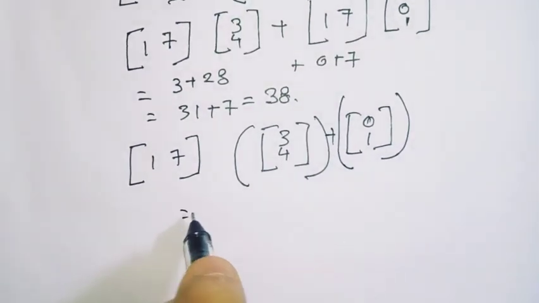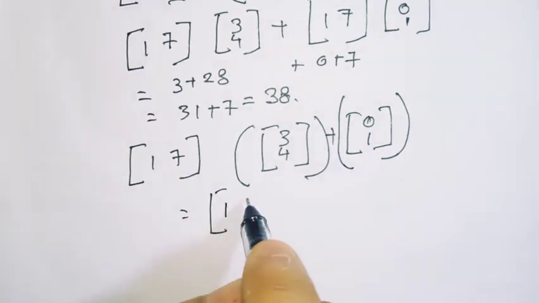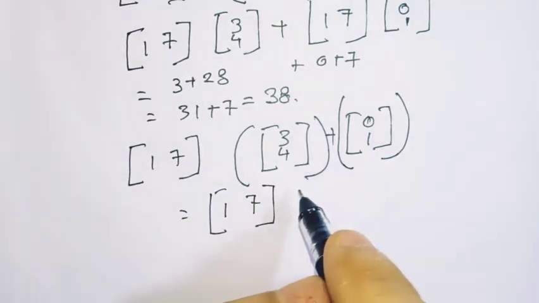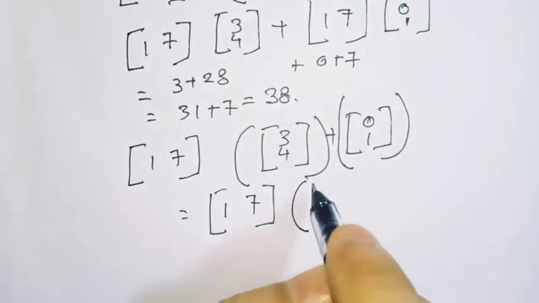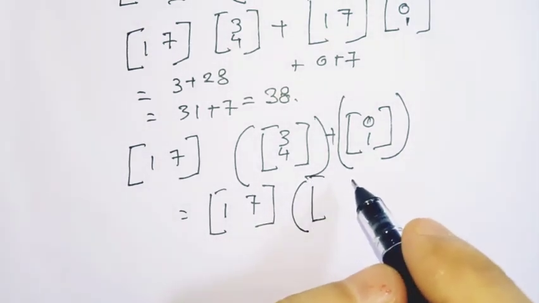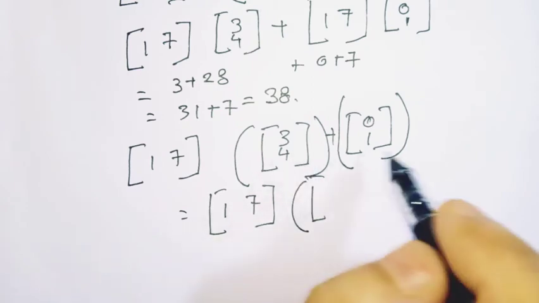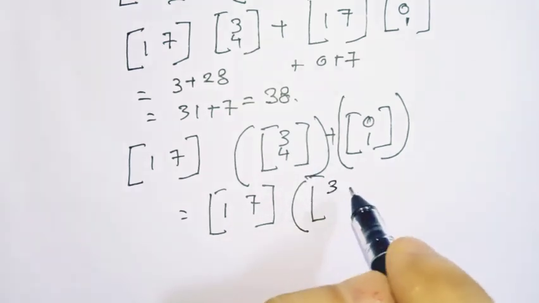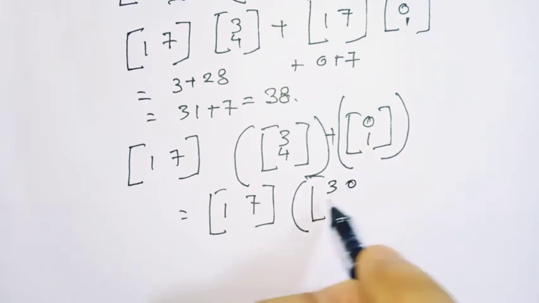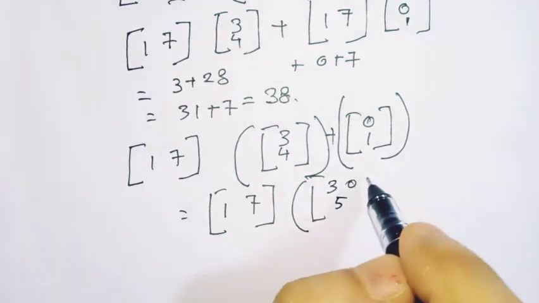Next, I take this row vector 1 and 7, and I add these values together. So we get 3 and 0, and 4 and 1, so I get 3 and 5.